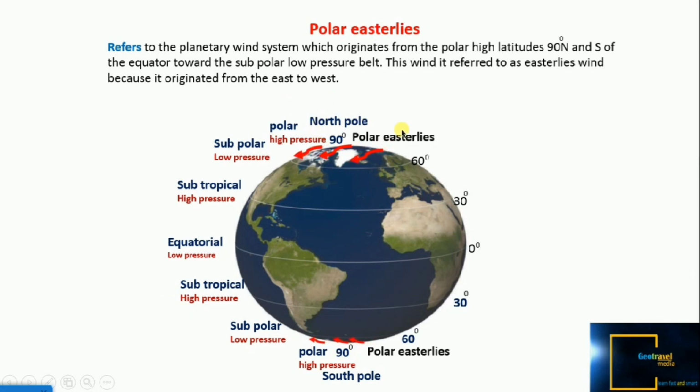Polar easterlies wind moves from polar regions, or from the polar high pressure belt, to the subpolar low pressure belt. It is referred to as polar easterlies because normally this wind moves from east toward west.